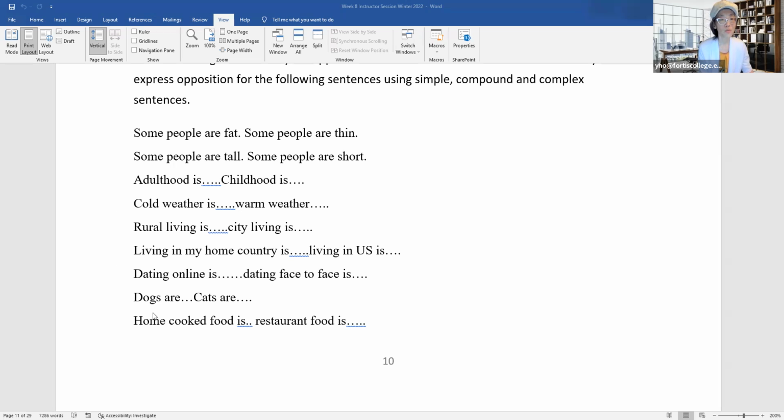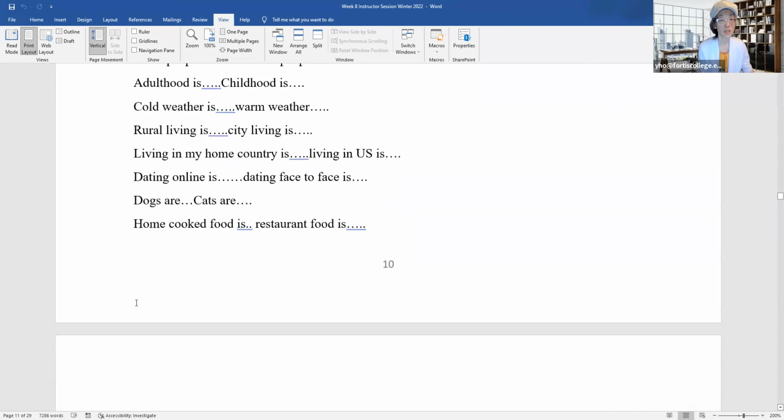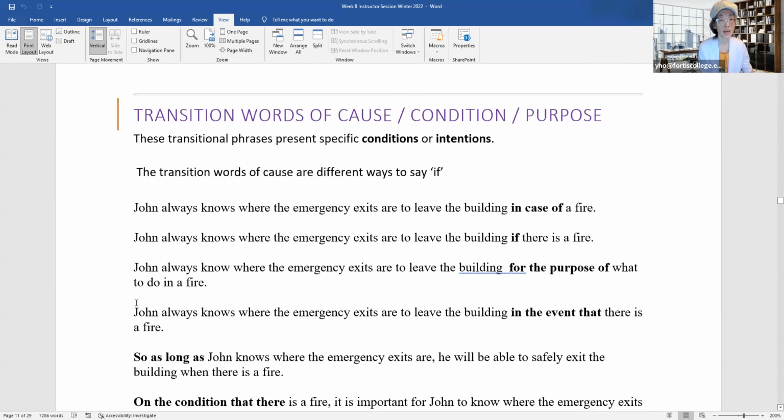So there are many different ways of comparing cold weather to warm weather, rural living to city living, living in the home country or living in the US, dating online, unlike dating online, dating face-to-face is. So here are different ways of saying that.